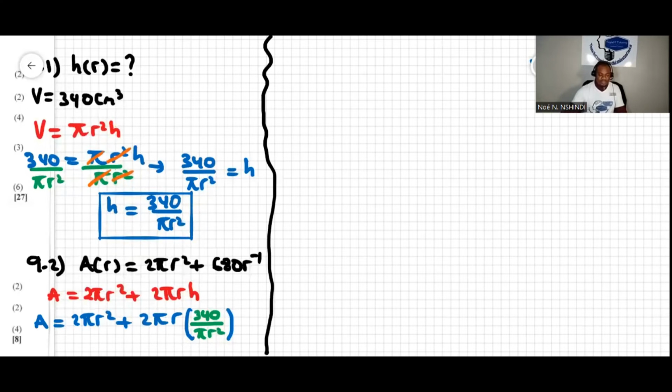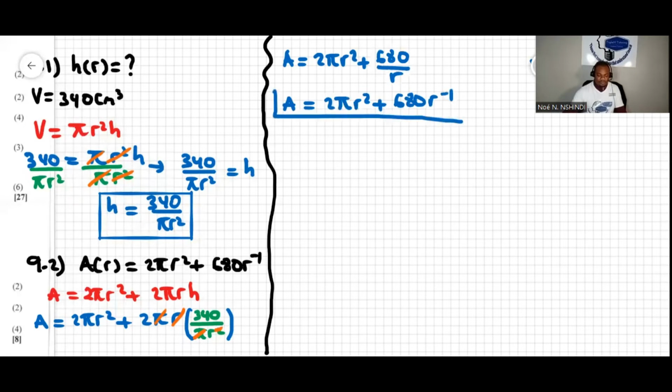So this will be A equal to 2 pi r squared plus, we can simplify the pi, and then r and r, because r squared over r is r. So this will be 2 pi r squared plus 680 over r. This means that A will be equal to 2 pi r squared plus 680 r to the negative 1. So this is proven.